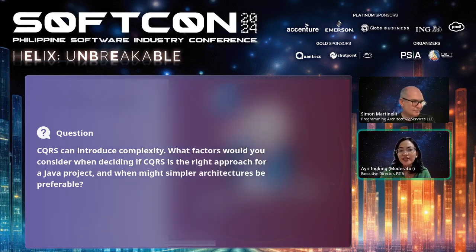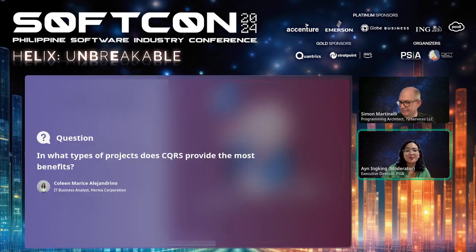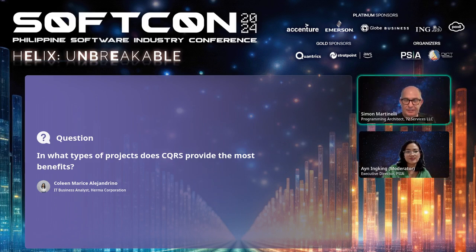The next question, coming from Colleen, asks for the specific types of projects. What types of projects does CQRS provide the most benefits? I think the most benefit is for projects that have a huge API and are bound to, for example, a single page application, as I introduced with my problem of client-server communication.